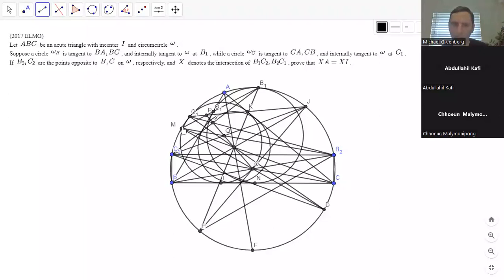So wait, we want to show X as the intersection of MJ and B1C2. So MC2E, B1J, and B1JD. Okay, so this would imply, so we have MJ and B1C2.